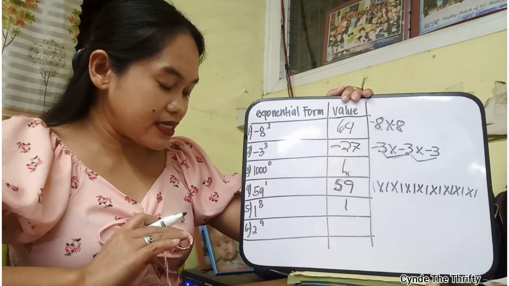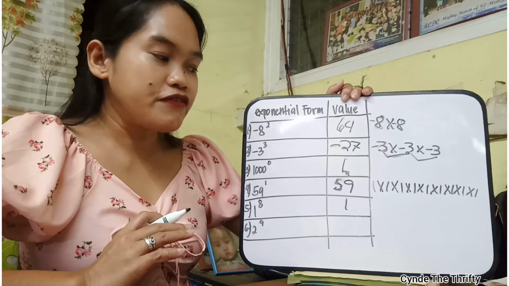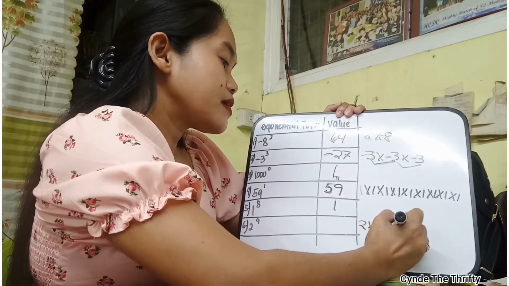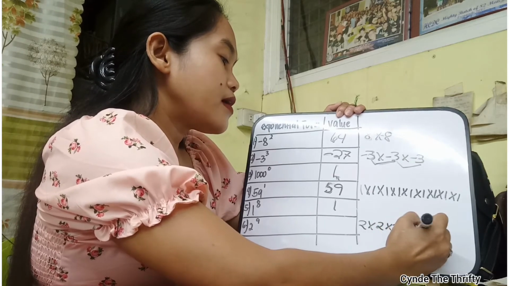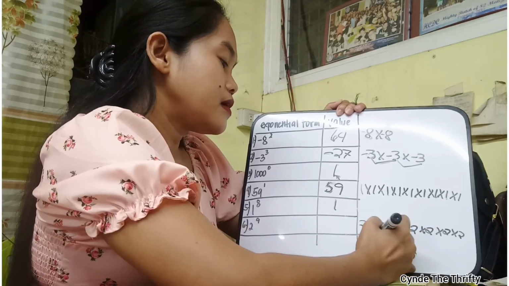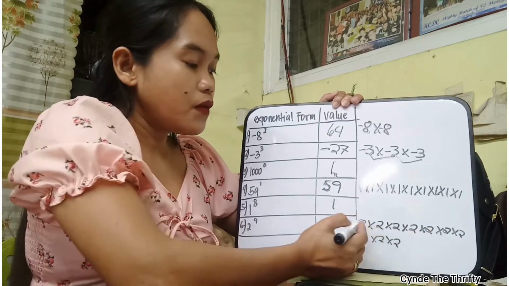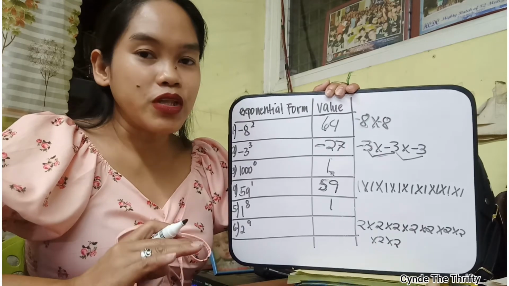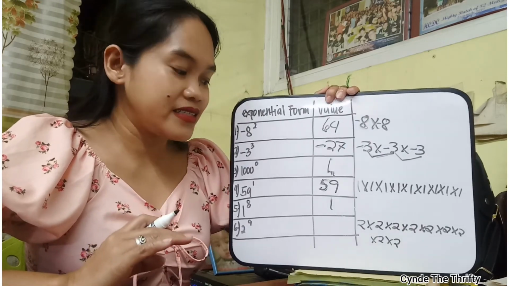Ayan. So, last, 2 raised to the power of 9. So, 1, 2, 3, 4, 5, 6, 7, 8, 9. So, si 2 is i-multiply natin sa kanyang sarili ng 9 times.